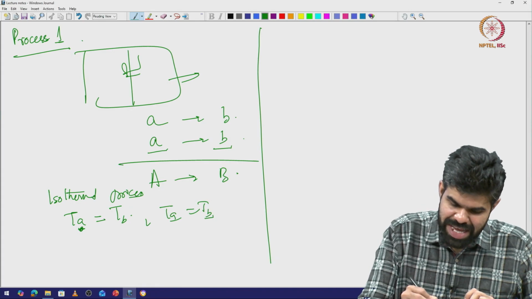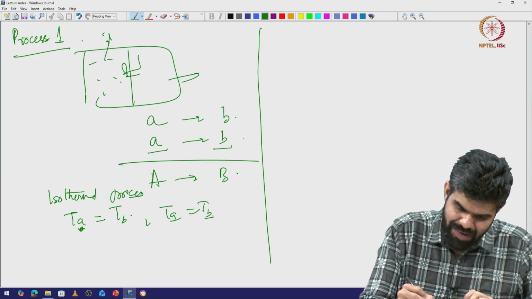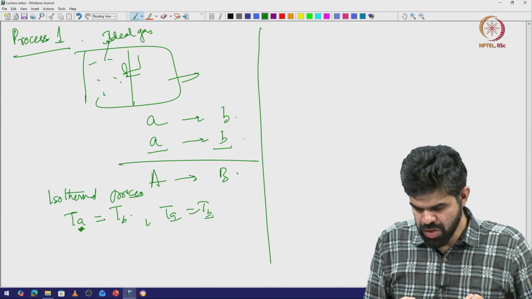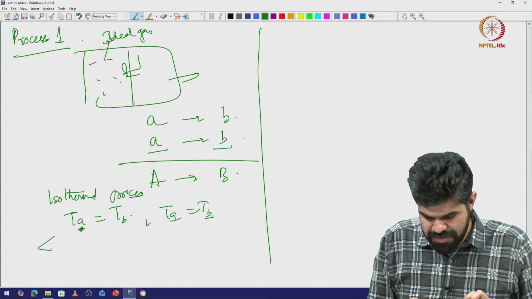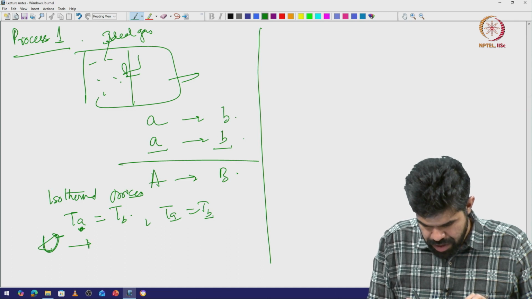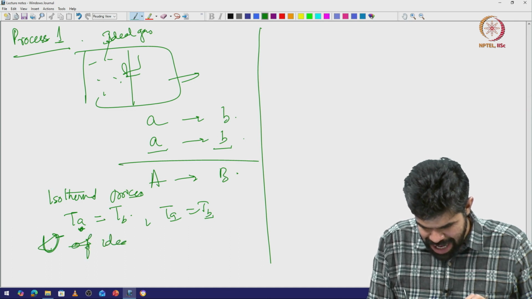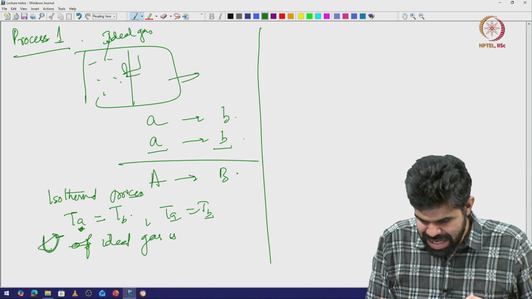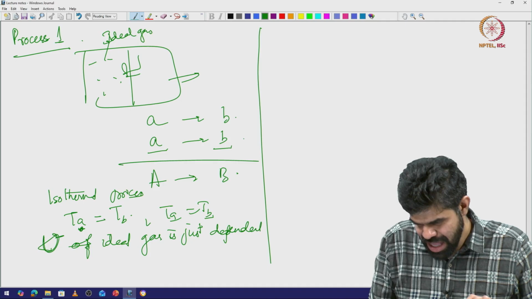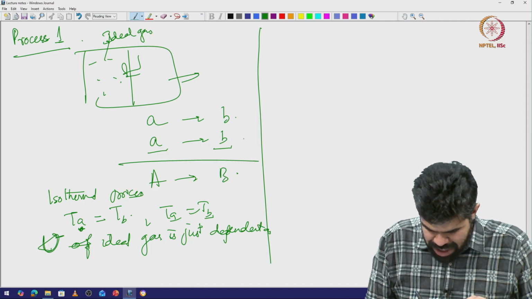Now, this is an ideal gas, and so the internal energy of the ideal gas is just dependent on temperature.